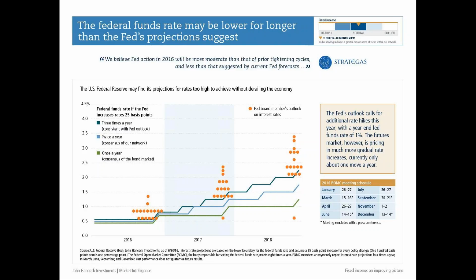They may just raise rates once or twice per year, and it does not look like they're going to be moving rates meaningfully higher. As a result, we do think fixed income can grind out positive returns, a low return environment, don't get me wrong, but positive returns nonetheless, and still can provide safety in your portfolios if you look at higher quality bonds.